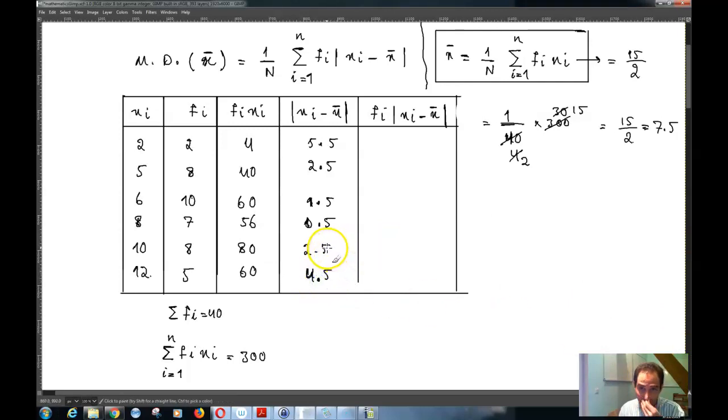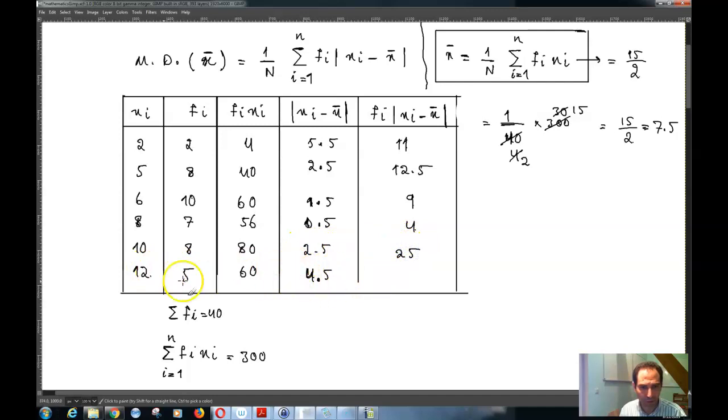Now, f of i times the absolute value of this whole thing, so you have to multiply this by this. 2 times 5.5 is 11, and 5 times 2.5 is 12.5. 6 times 1.5 is 9. 8 times half is equal to 4. 10 times 2.5 is 25, and 10 times half is 5.